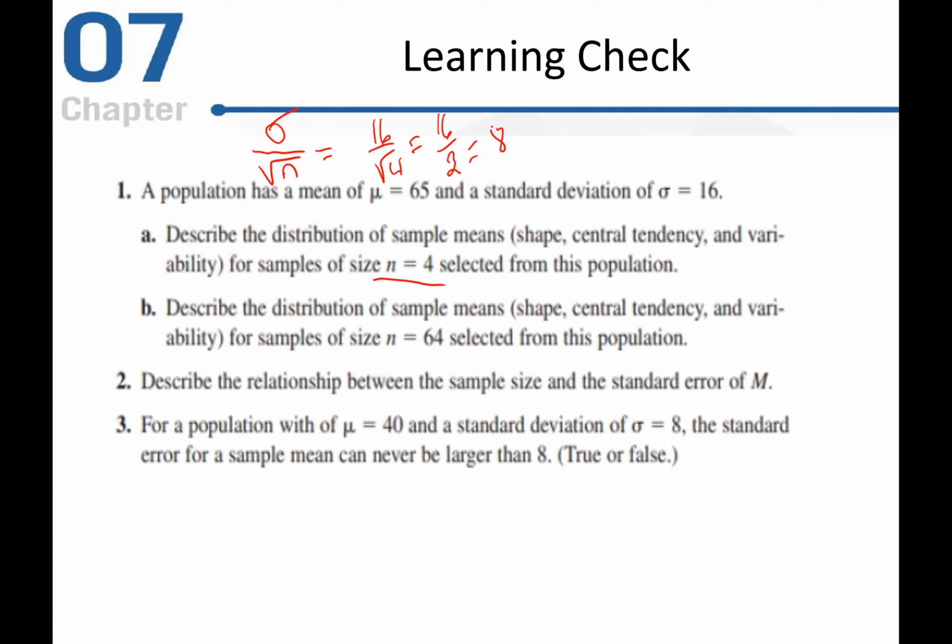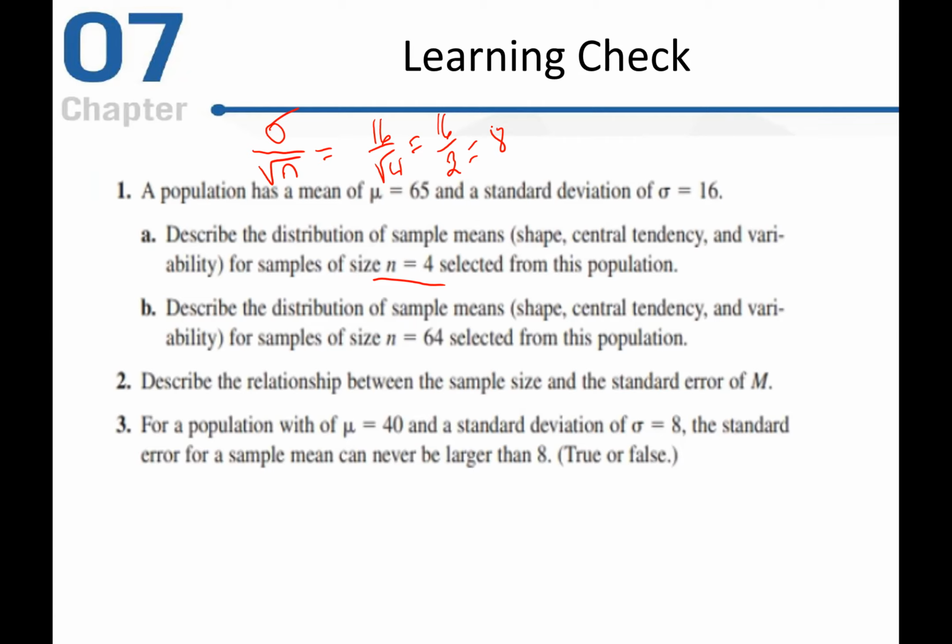Now, the shape of the distribution is going to be unknown. And why is that? Because the sample is not large enough to guarantee a normal distribution, and we don't know the population shape.